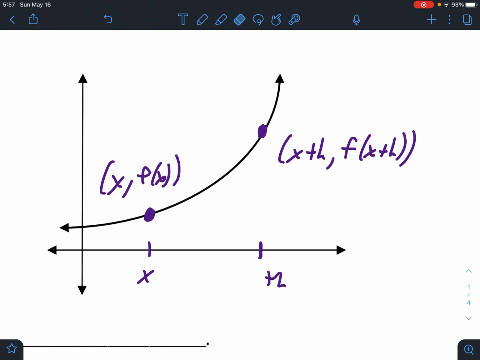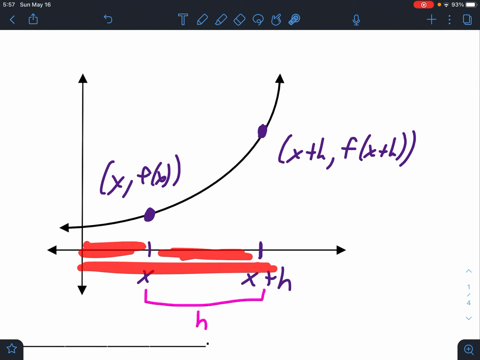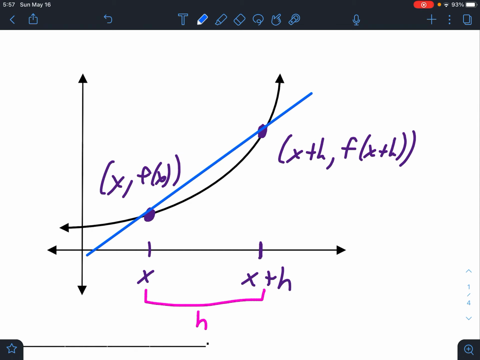And obviously the distance between these 2 points is h. Right, so this distance is x, this distance is h, so this distance is x plus h. Okay, and if we were to draw a secant line between those 2 points, there's your secant line between those 2 points.